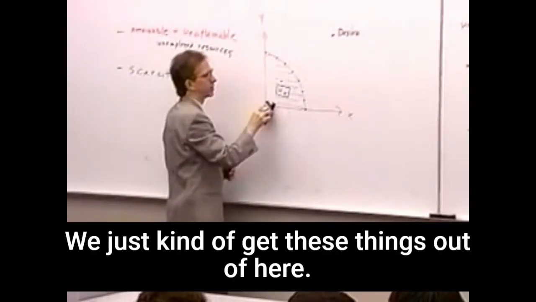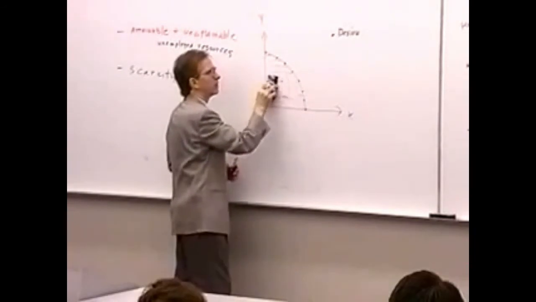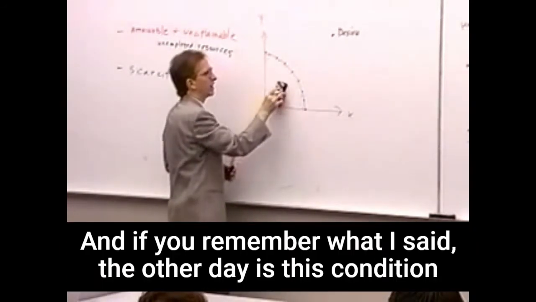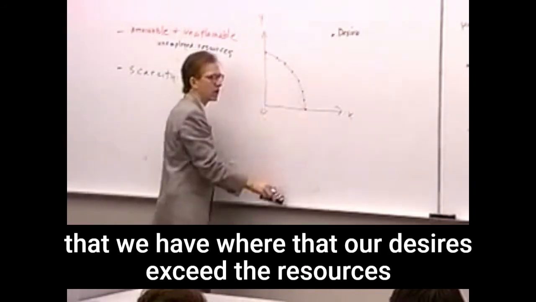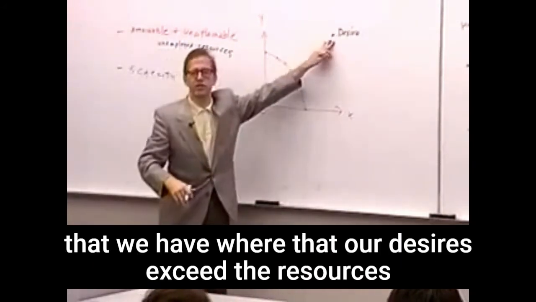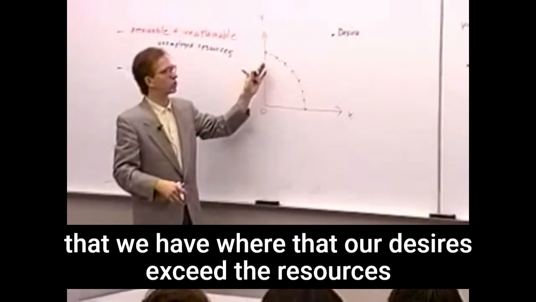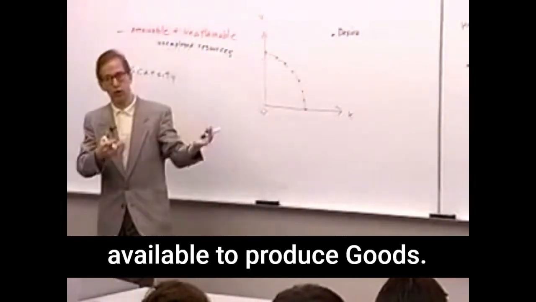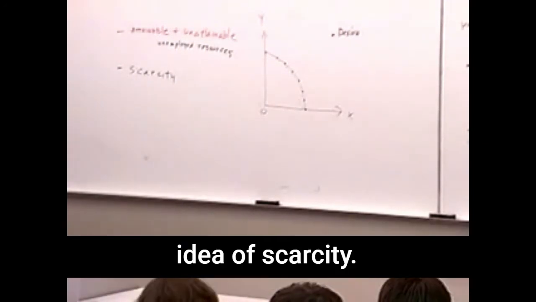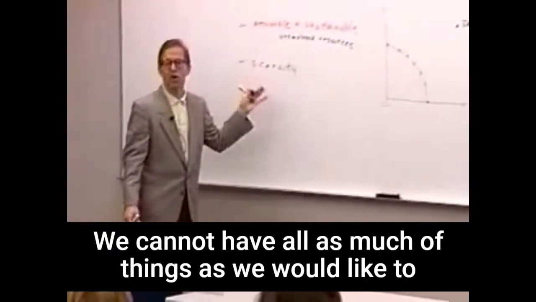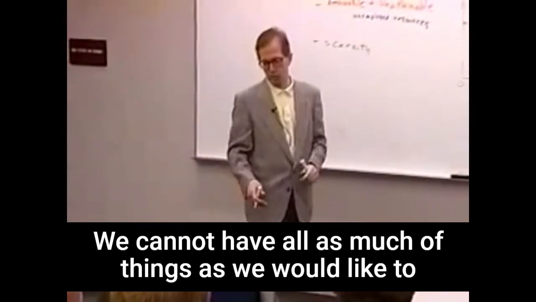If you remember what I said the other day, this is the condition where our desires exceed the resources available to produce goods. We'd like to have more than we actually can have. That's the idea of scarcity. We cannot have as much of things as we would like to have.